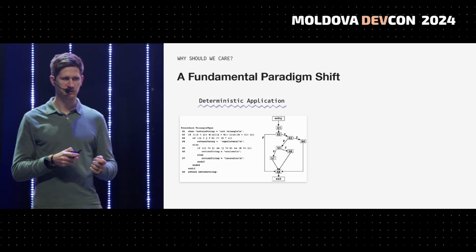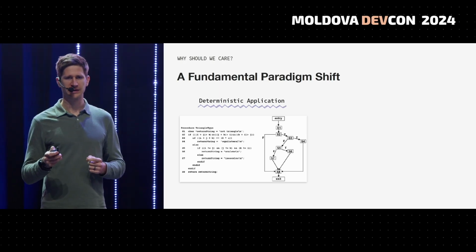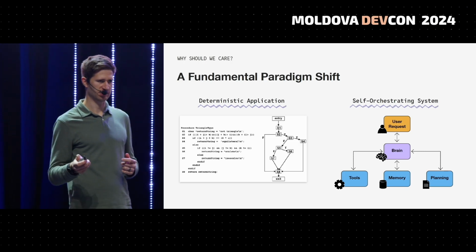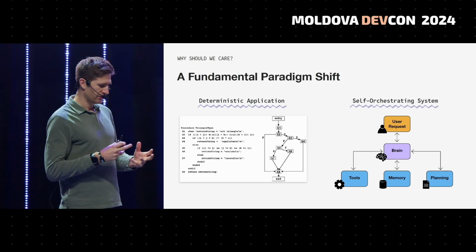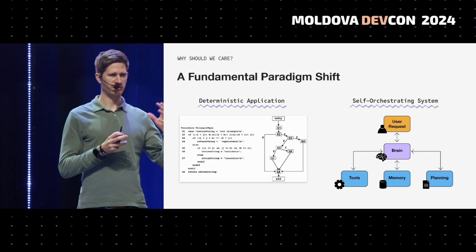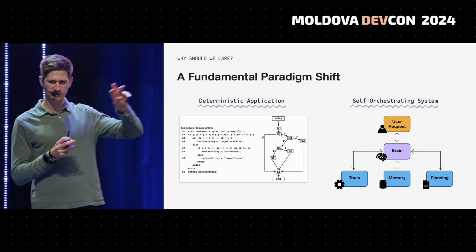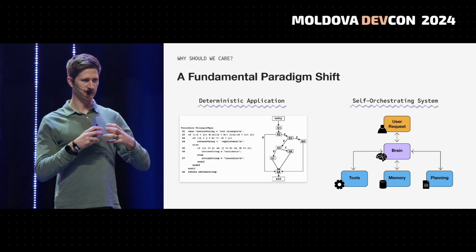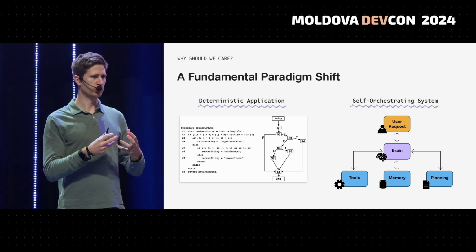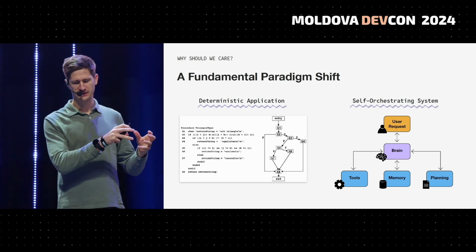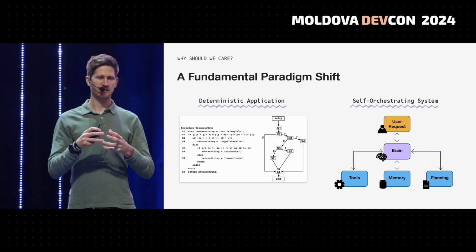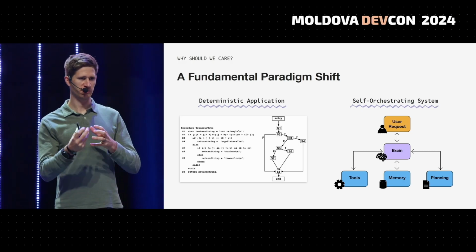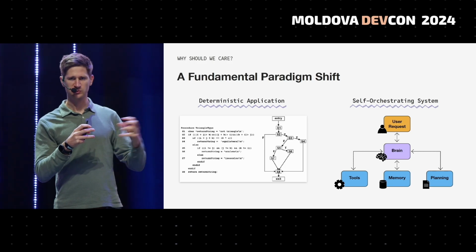But when we go the agentic route, we really follow a principle of a self-orchestrating system. We think about it in the following way. We say, we've got this business problem, we've got this problem space. Let's think about the tools that we should have access to in order to operate within this space. Let's give our agent the ability to use memory, long and short term, and pull from information to supplement these tools.